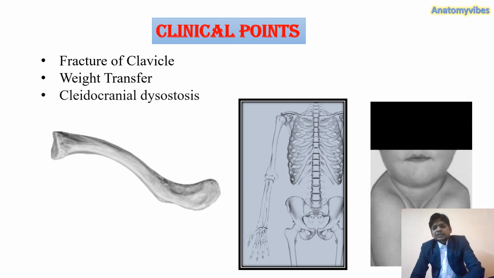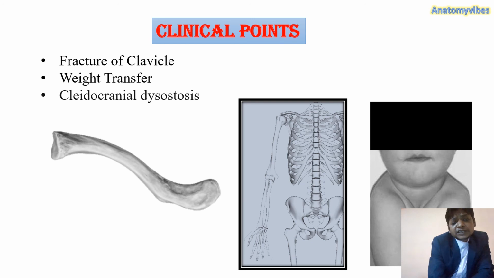Now some of the clinical points related to clavicle. So clavicle is one of the most commonly fractured bone in any accident on the thoracic wall or shoulder. Clavicle fracture occurs just at the junction of medial 2/3 and lateral 1/3.